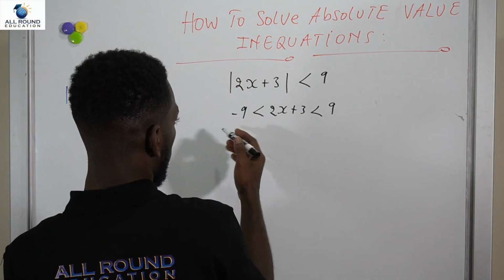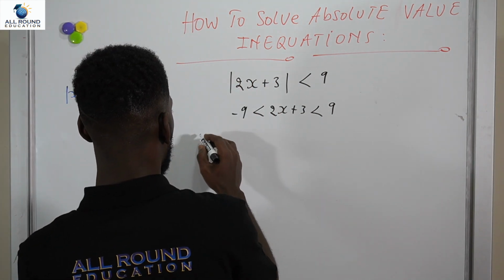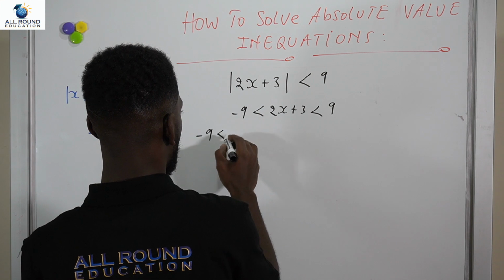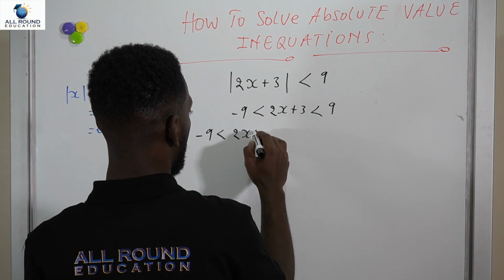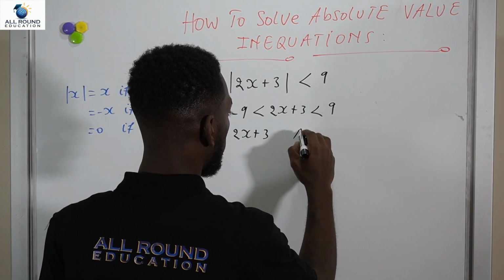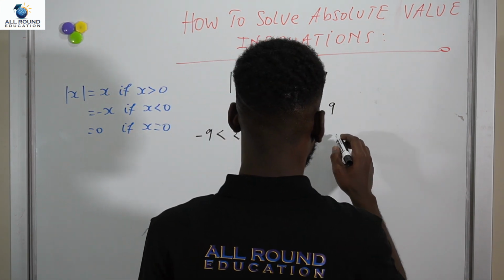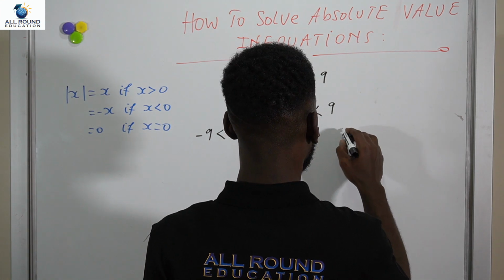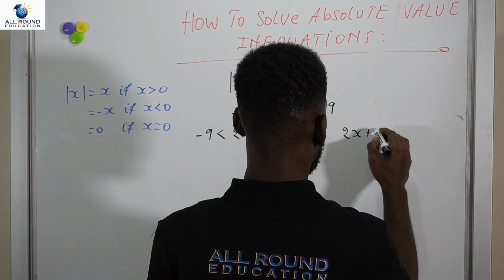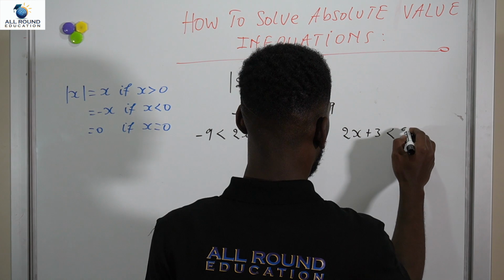Now the next line is: negative 9 is less than 2x plus 3, and 2x plus 3 is less than 9.